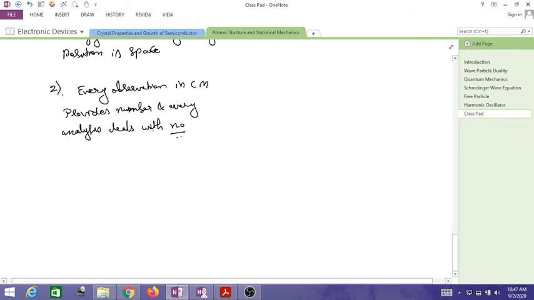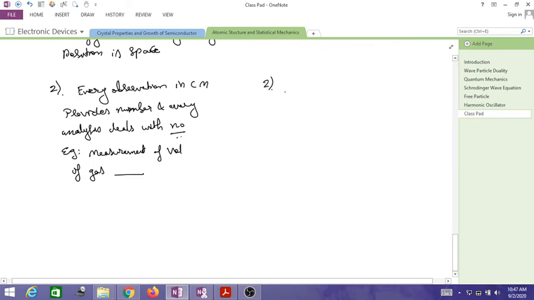Whereas quantum mechanics deals with abstract notions. It means it doesn't give the accurate value, but it deals with the physical meaning of it. If you take an example, the measurement of the volume of a gas gives us a number, whether by a direct method or an indirect method.